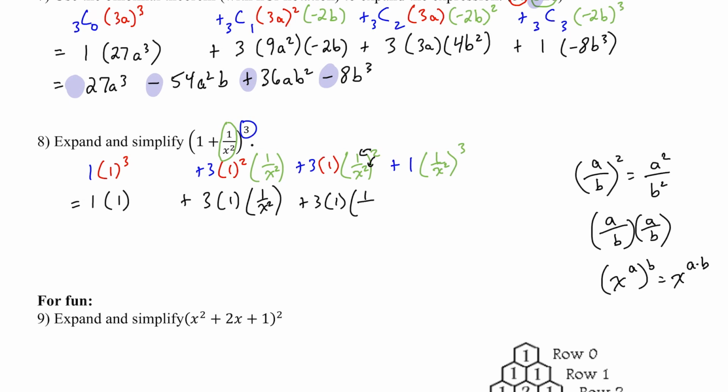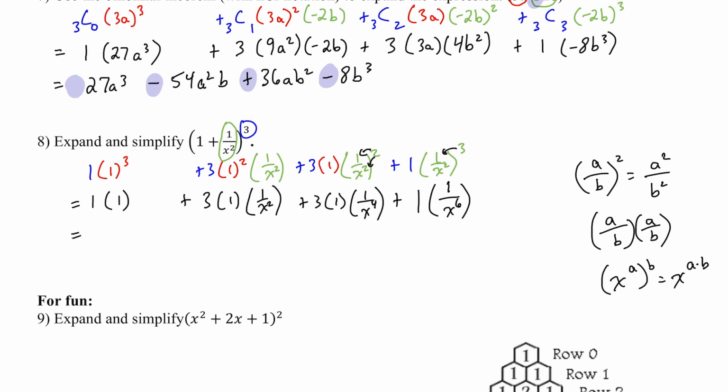So that's 2 times 2, which is x to the power of 4, plus 1 over, so 1 to the power of 3 is 1, and x squared to the power of 3 is x to the power of 6, again, because you multiply the exponents.